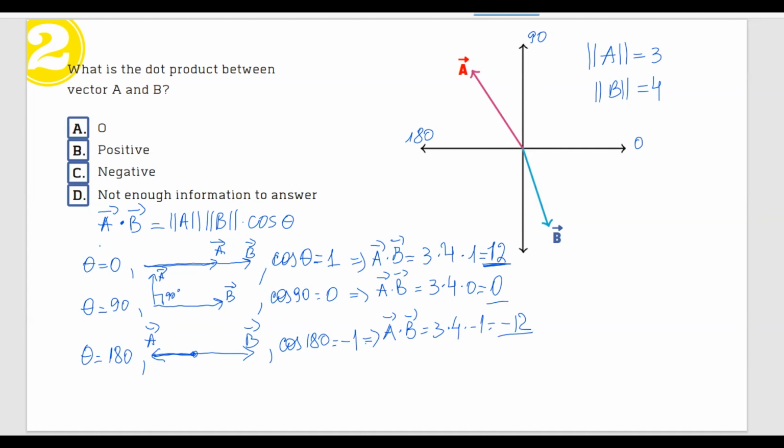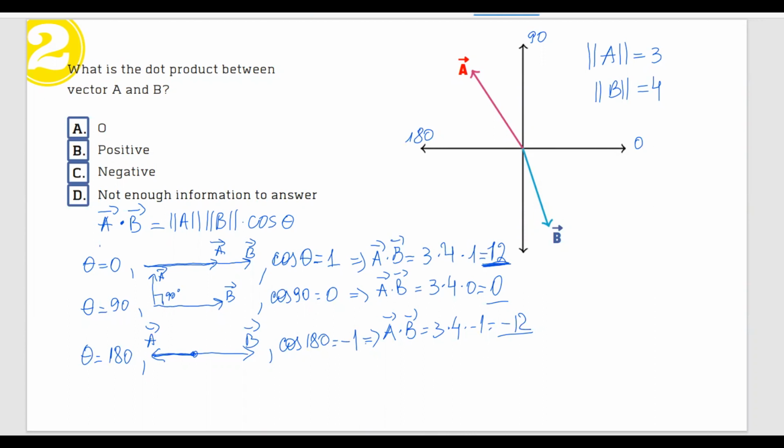What I want you to understand is that when the angle between the two vectors is 0, that's when you're going to get the maximum value for the dot product. You're getting 12. And when the angle between them is 90, the dot product is going to be equal to 0.